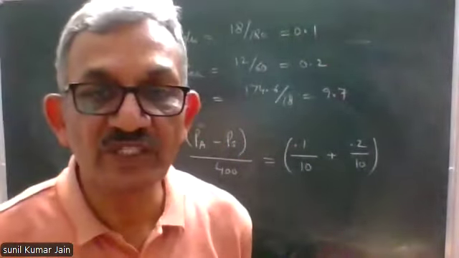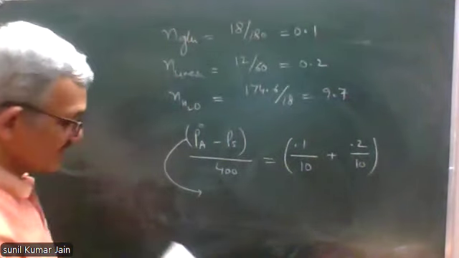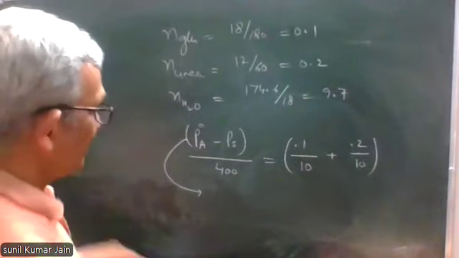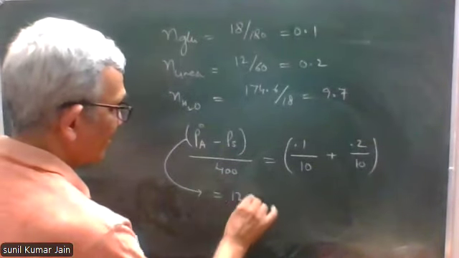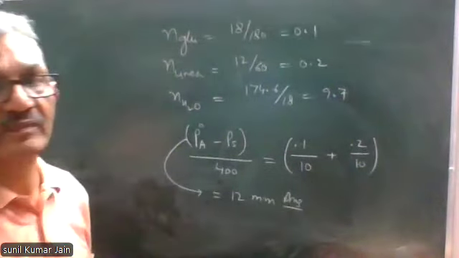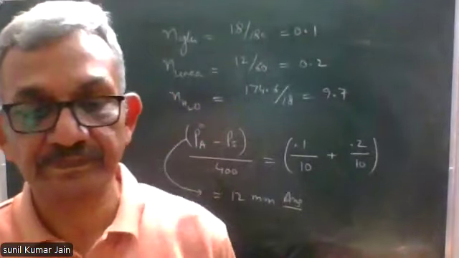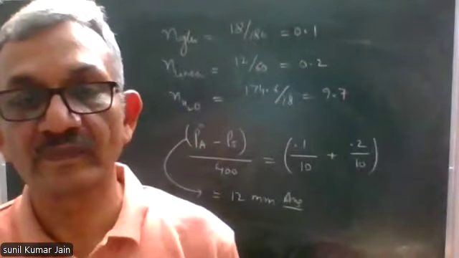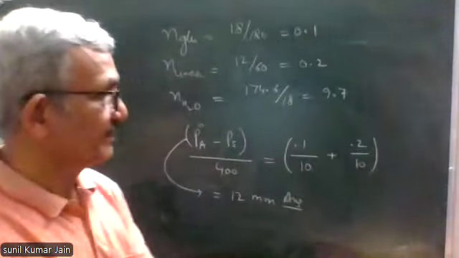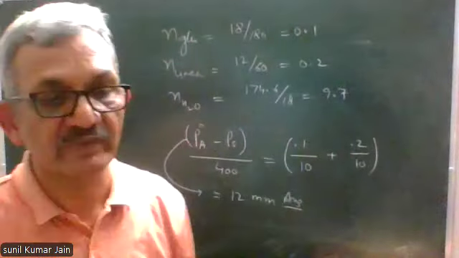Right? Mole fractions of solutes have been added, and this numerator will be the answer. This value will be 12 millimeters. Right? It's 0.3 divided by 10. Simple calculation.